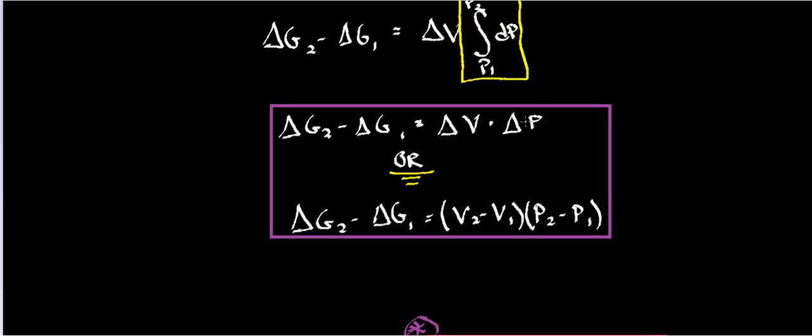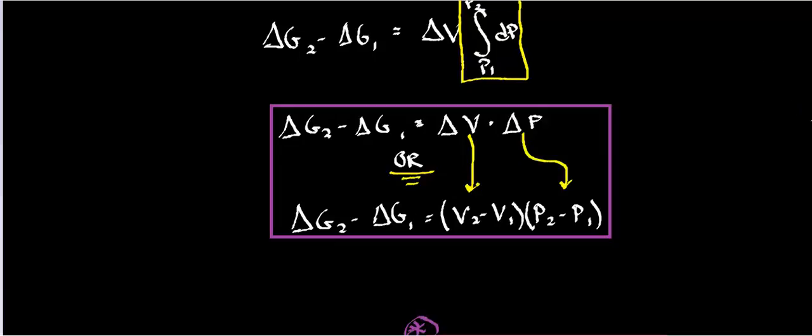If you wanted to evaluate what this is, remember it's going to be V2 minus V1 for delta V, but since you're evaluating dP from P1 to P2, this is just P2 minus P1. So you take V2 minus V1 times the quantity P2 minus P1, and that has to equal delta G2 minus delta G1.